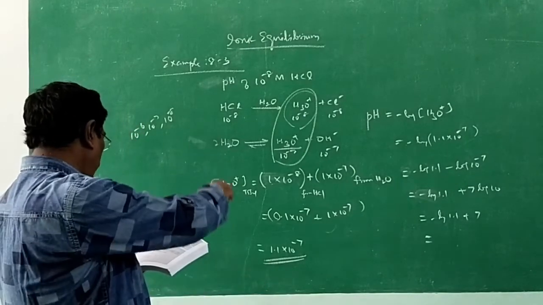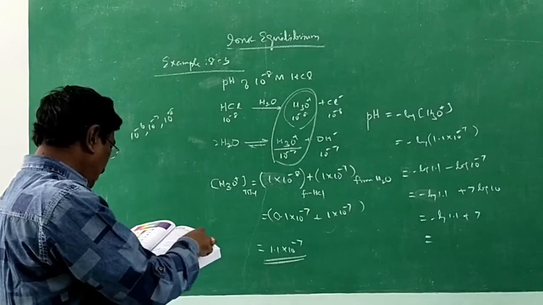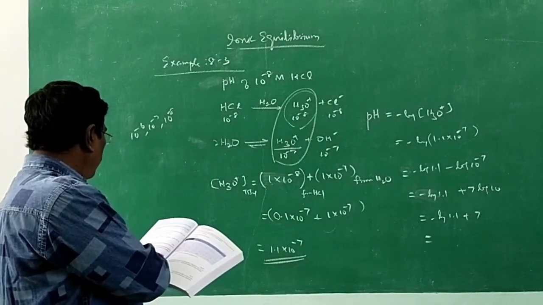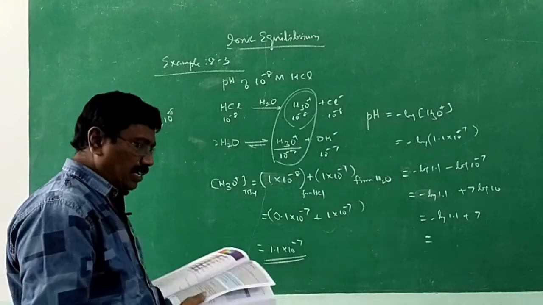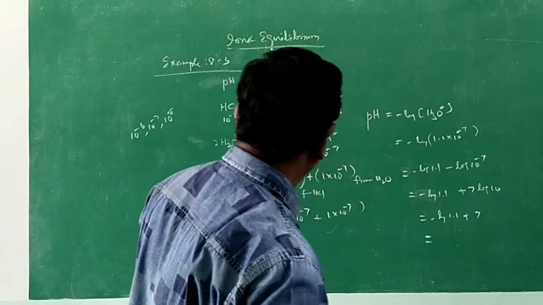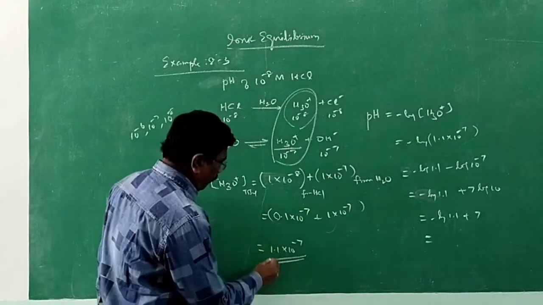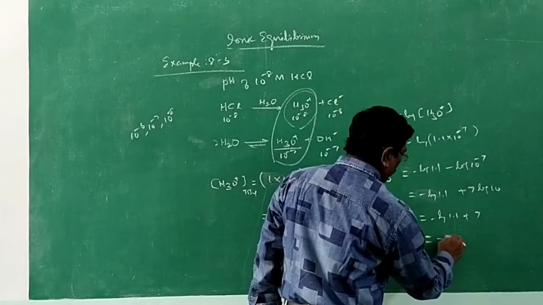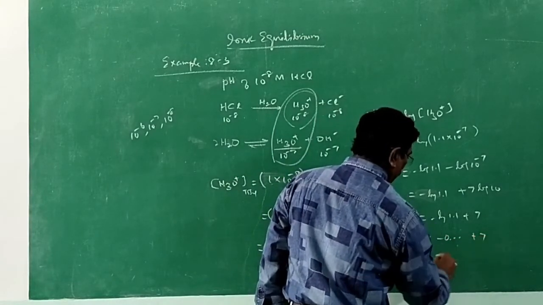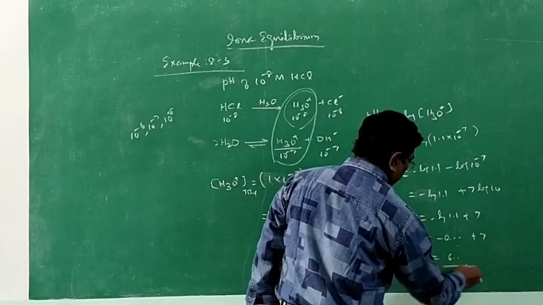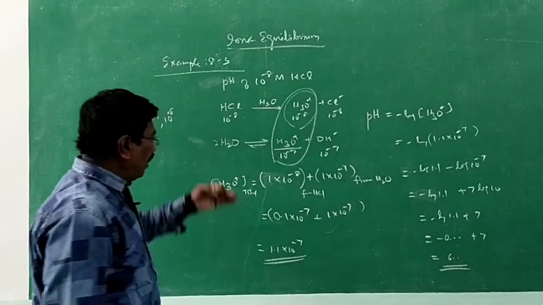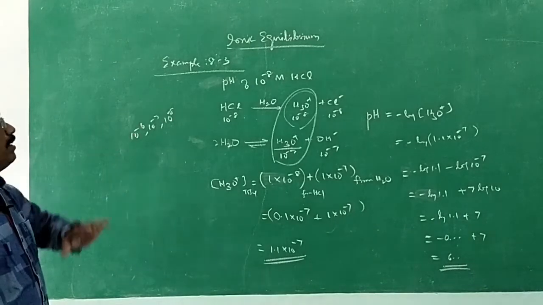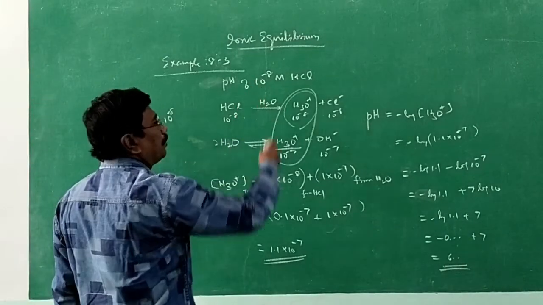It is not example 8.3. This question is not given in the book. You just find out the logarithmic value for 1.1, it will be 0 point something, plus 7, so 6 point something will be the answer. So pH is slightly less than 7. You can try. In 8.3, they have given 10 power minus 7. Now let me go into 10 power 7.